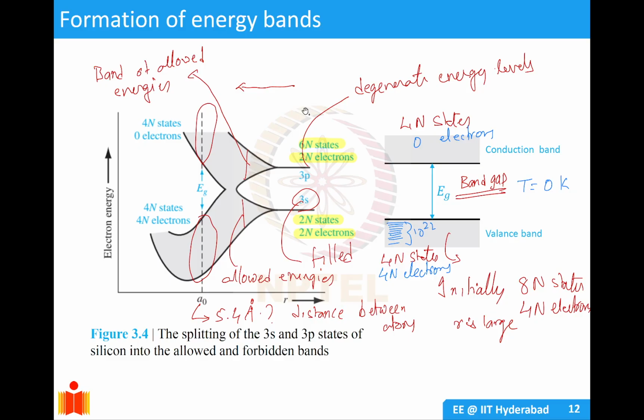So this is then the formation of energy bands seen as another way. If the atoms are far away from each other, that is called the gaseous state.